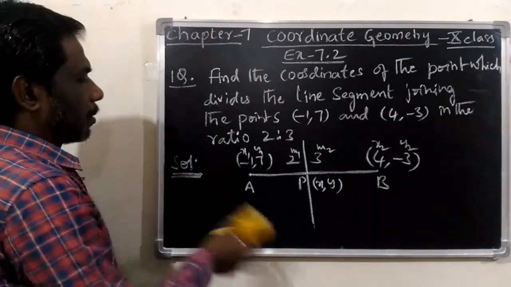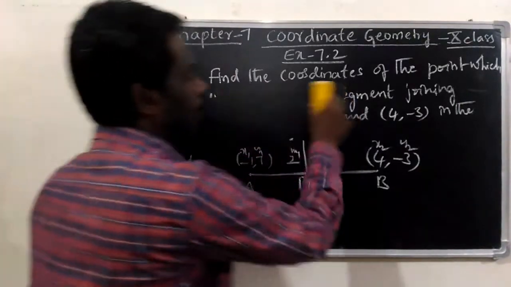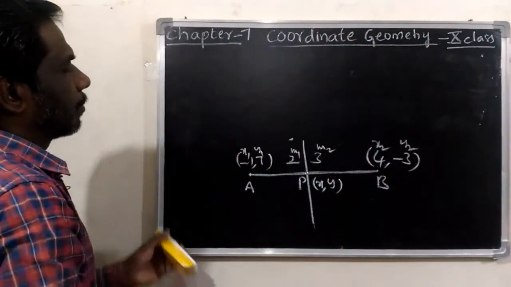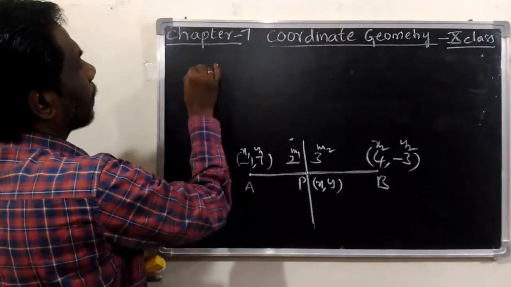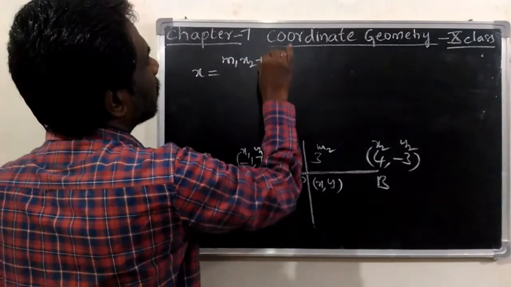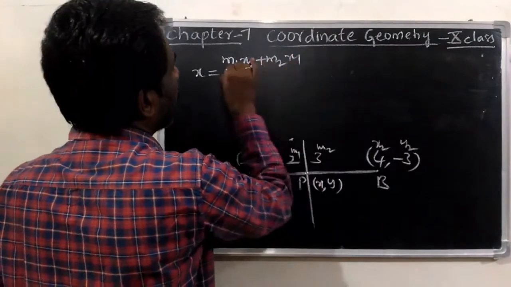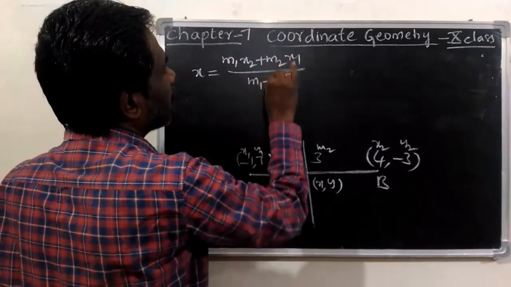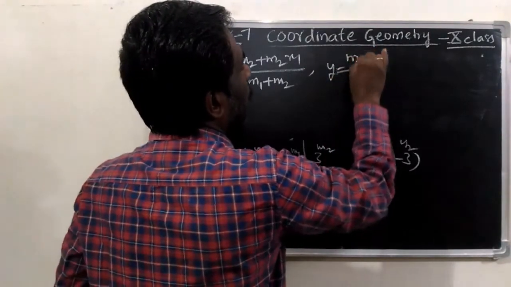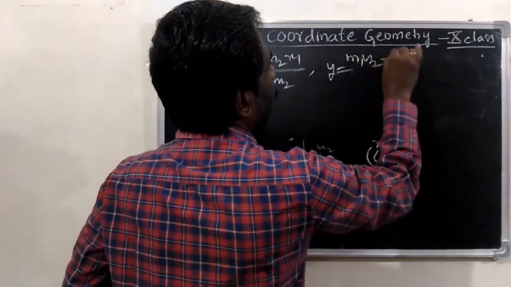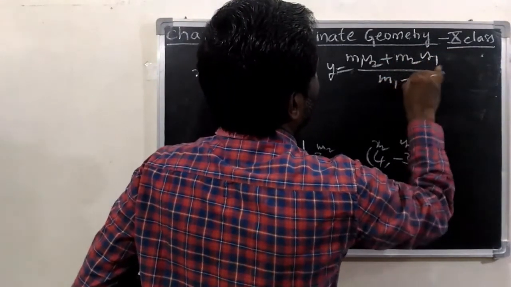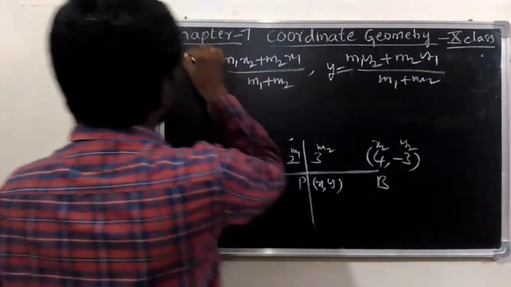Now we substitute these points in the section formula. x is equal to (m1 x2 plus m2 x1) by (m1 plus m2), and y is equal to (m1 y2 plus m2 y1) by (m1 plus m2).